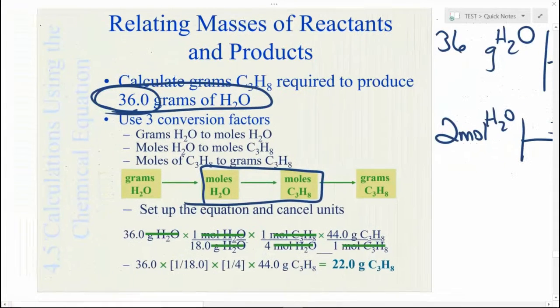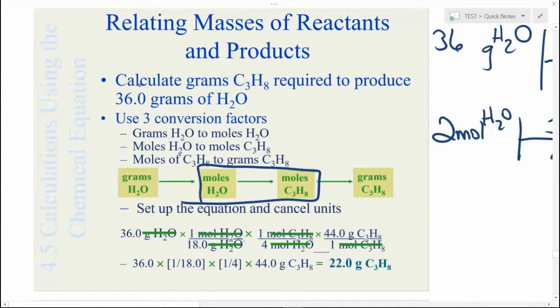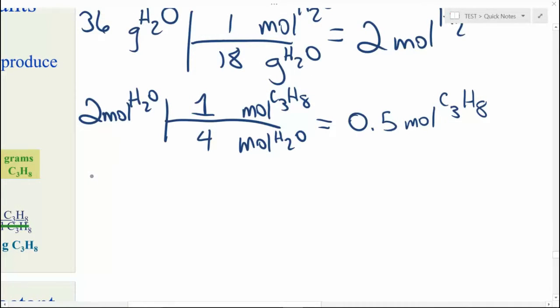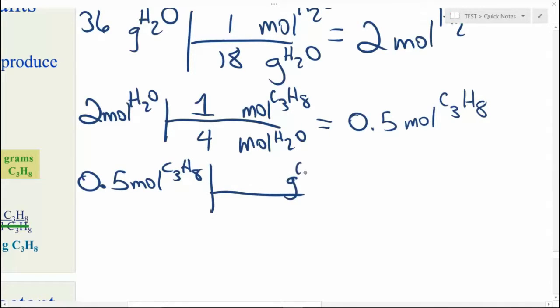Now, I haven't answered the question. Calculate the grams of C3H8. I am in the moles of C3H8. Well, it's now just a simple process of converting from moles of C3H8 to the grams of C3H8. So now I need the mass of C3H8.